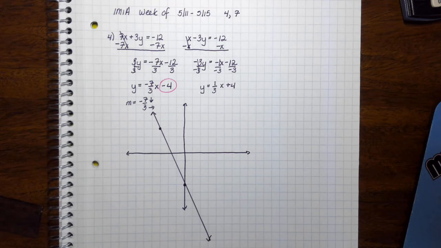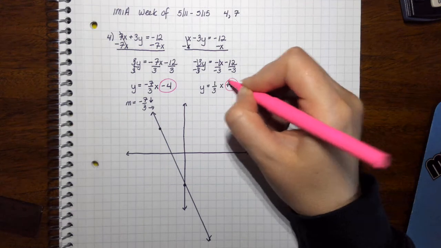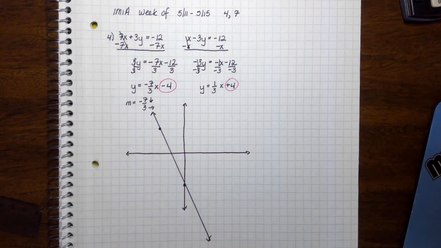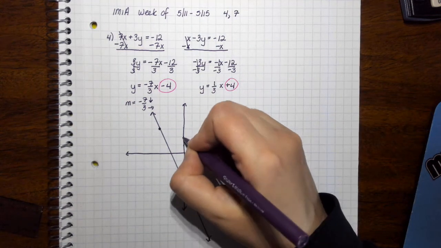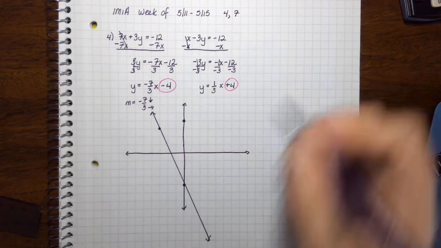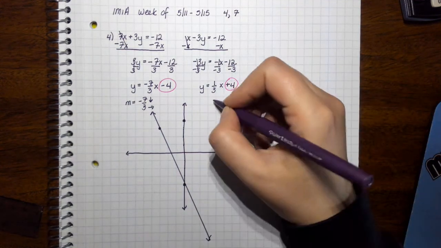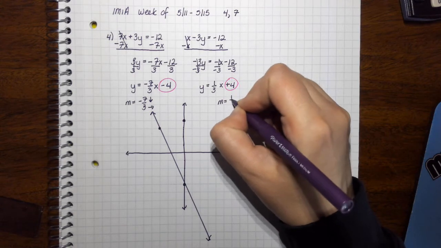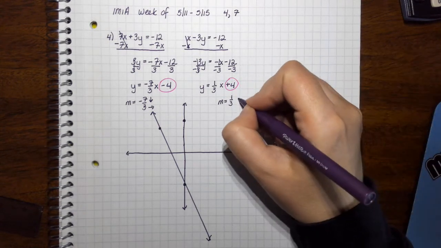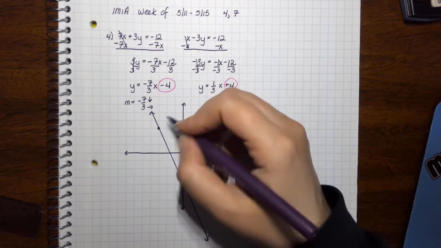Now the second one, start by going up 4, and then the slope is 1/3, which means up 1, right 3.